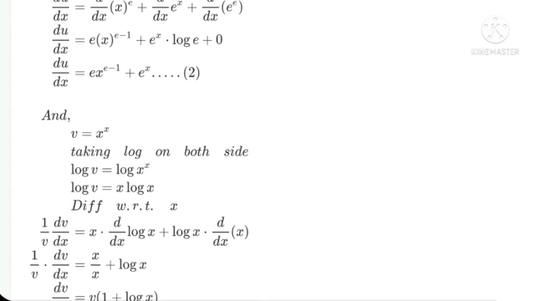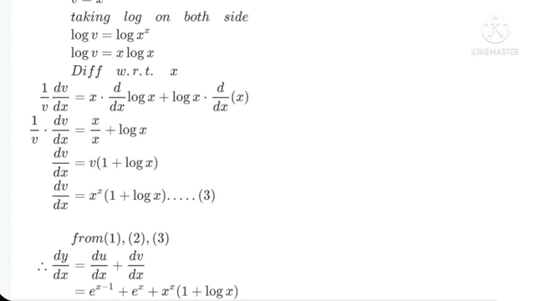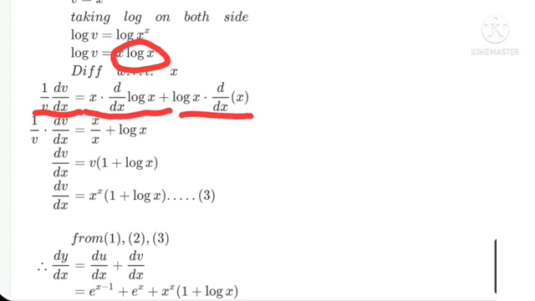Now differentiate with respect to x, you get the derivative of log v, 1 upon v into dv by dx, and here you use the product rule, x into log x, that is first into derivative of second plus second into derivative of first. So we get x into derivative of log x plus log x into derivative of x.